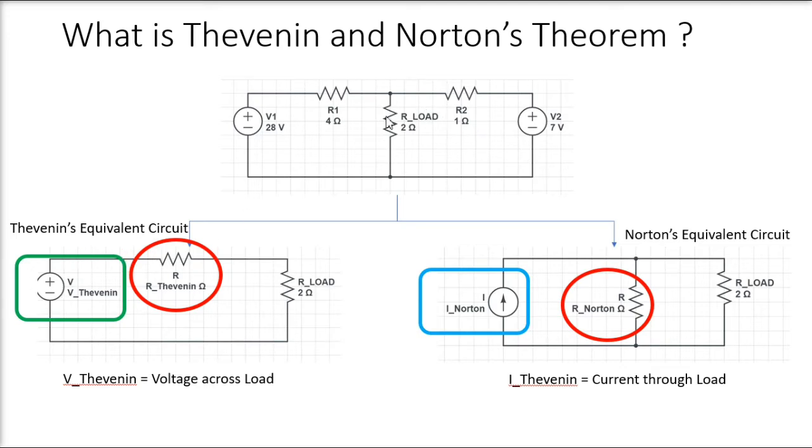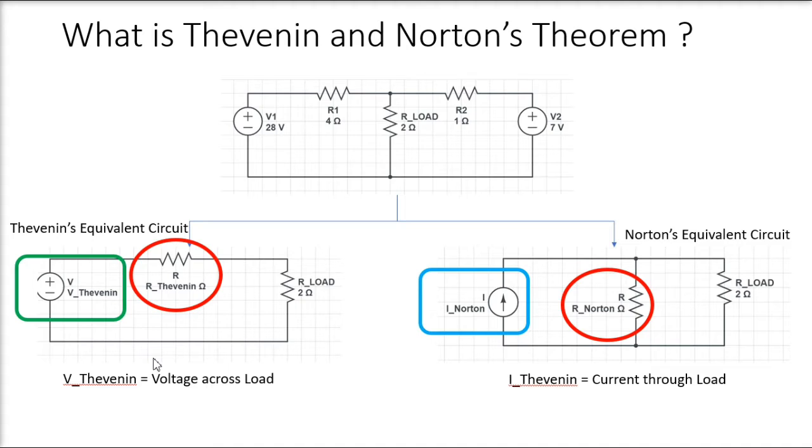And all the resistors are going to be represented as R Thevenin, and this is how a complex circuit is represented when I am trying to find the Thevenin equivalent circuit. Then the same goes for the Norton equivalent circuit.